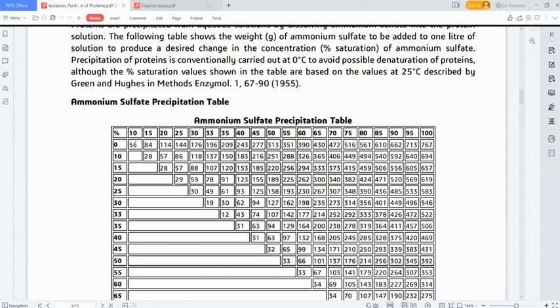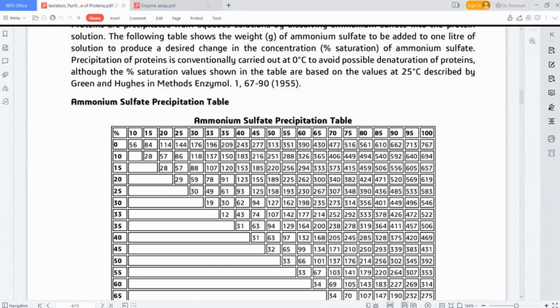Okay, so since I'm looking at 30%, remember I will work with 0% because there is no ammonium sulfate in the solution yet. So I will add 17.6 because 176 is for 1000 mils, then 17.6 should be for 100 mils, or 1.76 for 10 mils.